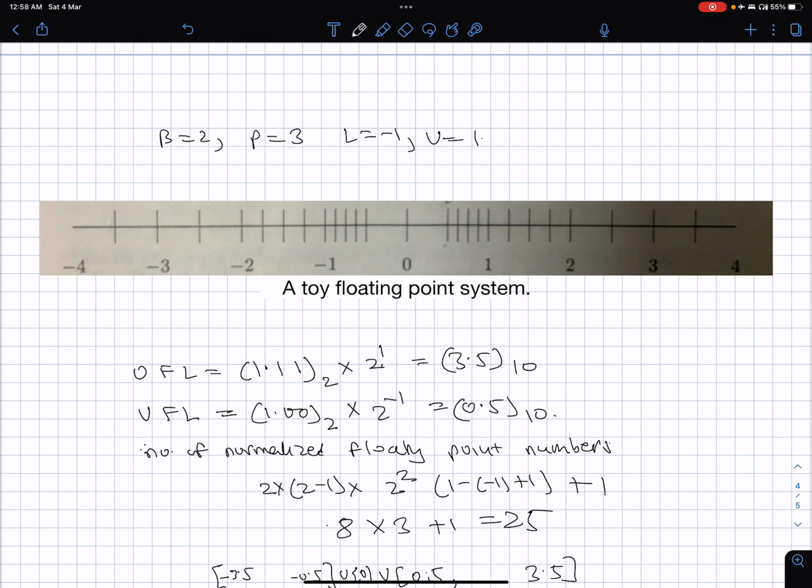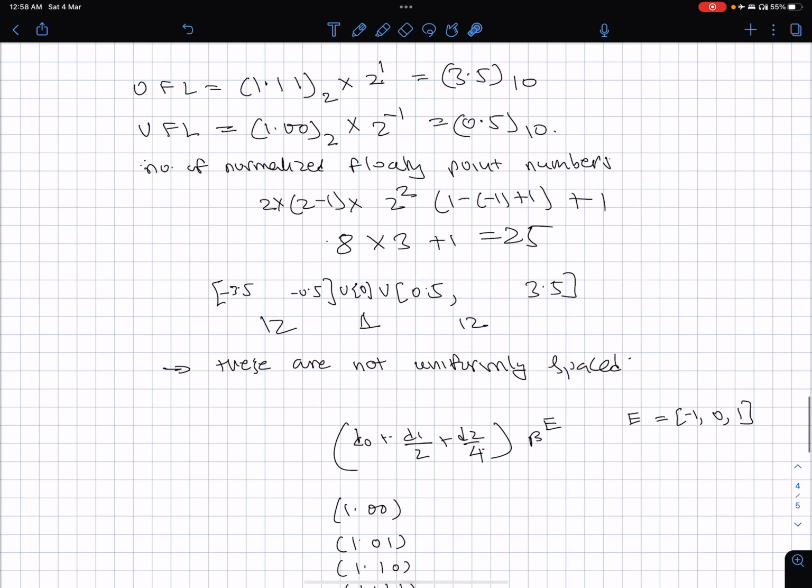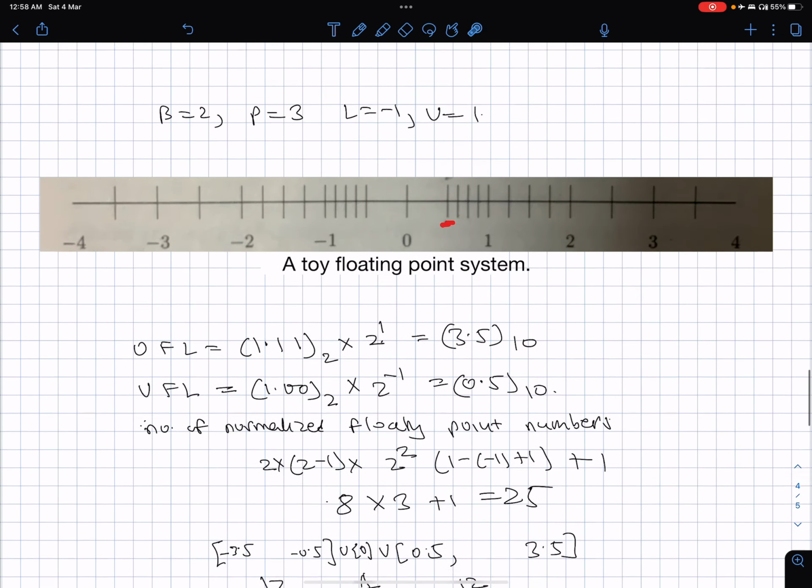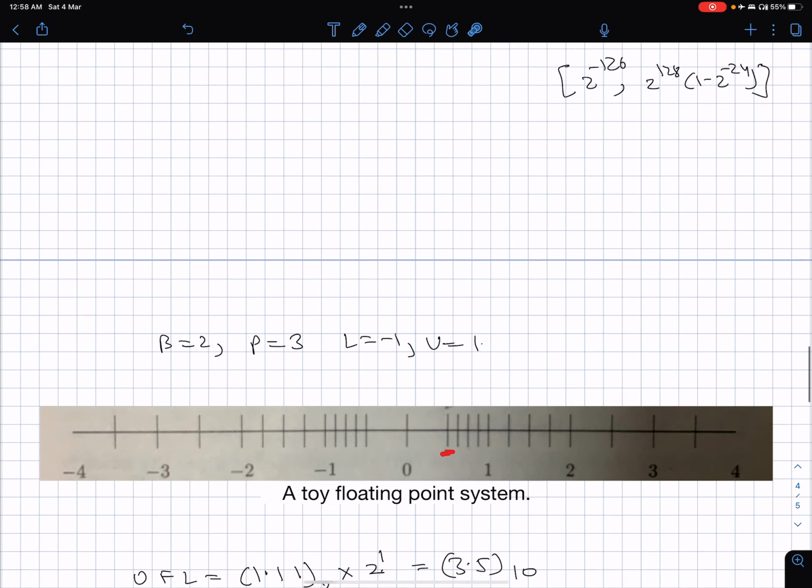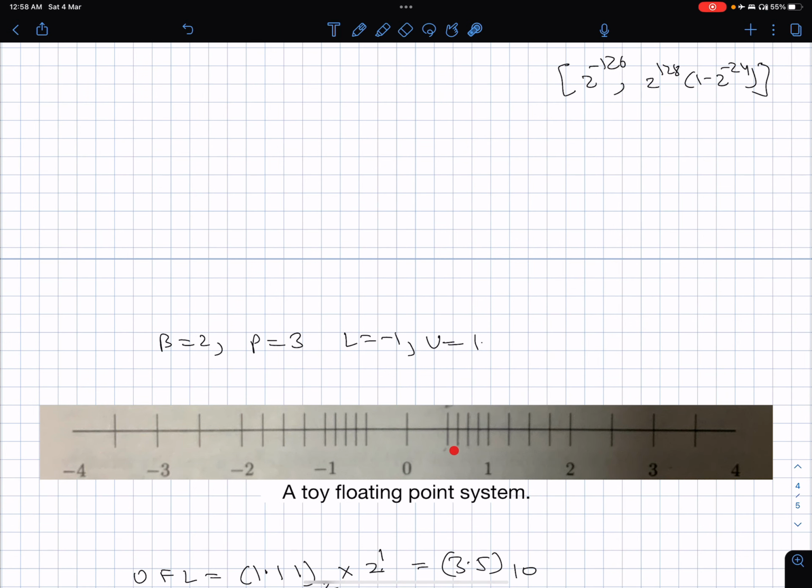So I'll get 4 choices with the 2 digits that I have got to play: 0.5, which is this choice, and then 3 more choices: 1, 2, 3.